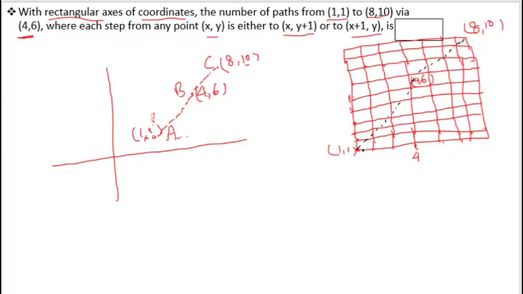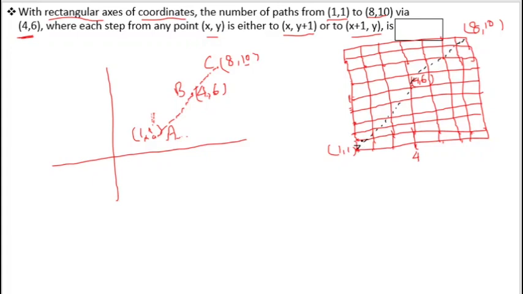So as you can see, this is basically a coordinate geometry question, but we can solve it using PNC also. If you remember, you must have done such questions, right? So now let us count how many horizontal paths and how many vertical paths there are. From 1 to 4, how many vertical paths?